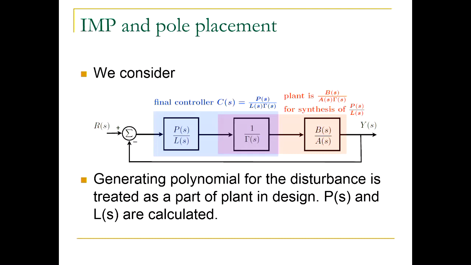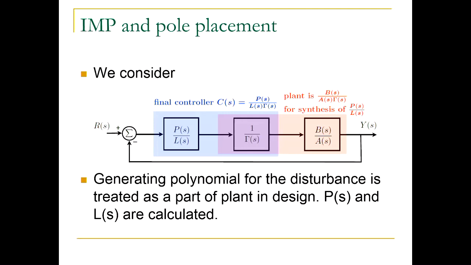And then the only thing that is left to do is design this P and L. But then the story is exactly the same as what we did in pole placement before, because I just changed the plant transfer function a bit, and then I apply the same technique for placing the poles. If you do that, then you kill 2 birds with 1 stone.